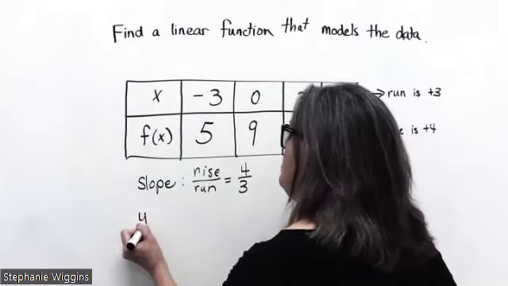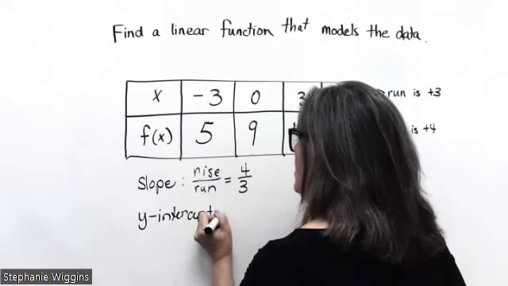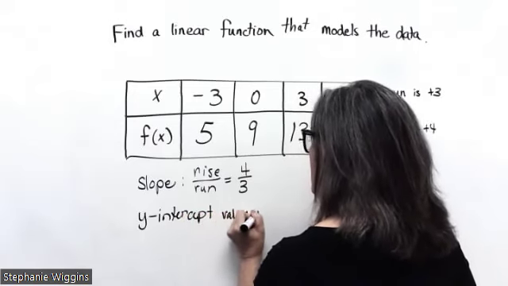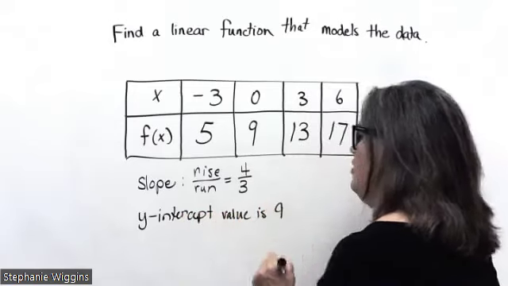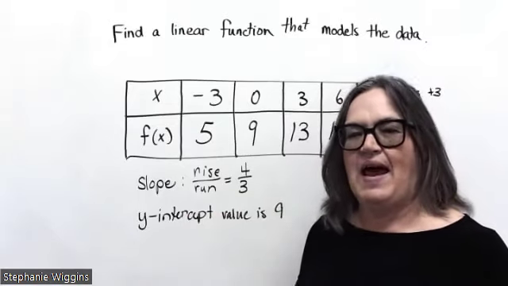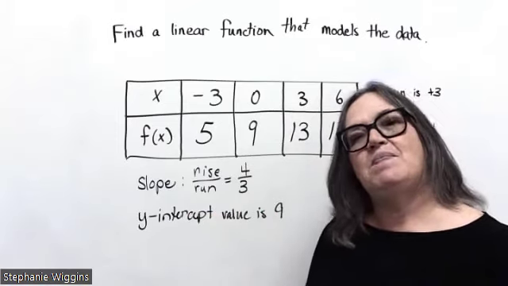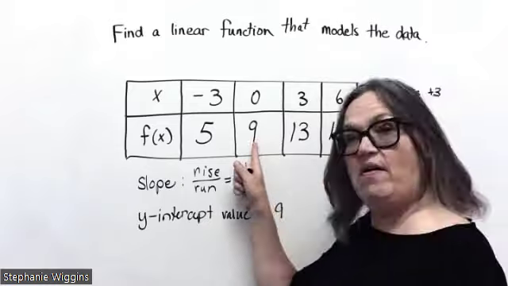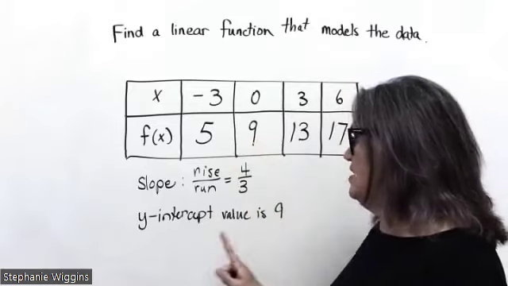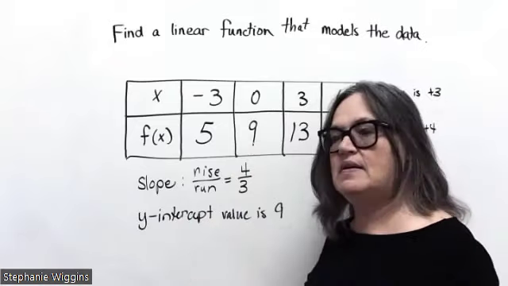So the y-intercept value is 9. Now your book would say y-intercept is 9. Technically, that's not accurate because the y-intercept is a point, but the y value of that point is 9. So we say the y-intercept value is 9. At least this is how I say it.